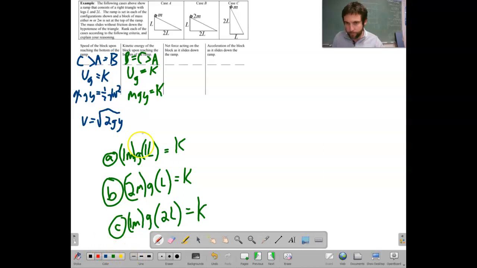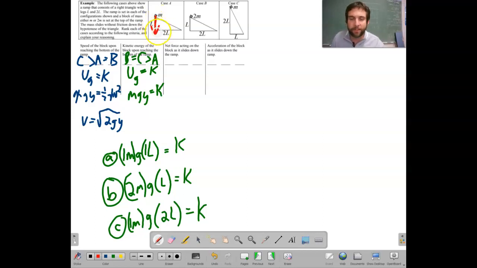Next up, the net force acting. Okay, so what force is acting on this block at the top of the ramp? Is it frictionless? Slides without friction. There it is. So the only force acting on it is what? If you said gravity, I am going to reach through the screen and correct you.